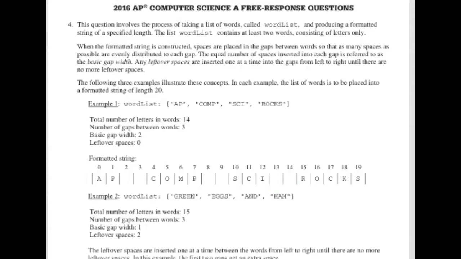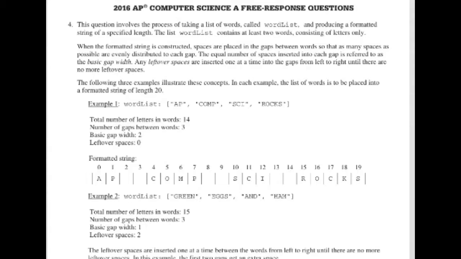Well, hopefully later on I'll get a better idea. Any leftover spaces are inserted one at a time into the gap from left to right. Oh, so if there are like 2, 2, 2. Oh, so the basic gap, if they're not all even, then the first one would definitely have more than the last ones if there are extra leftover spaces.